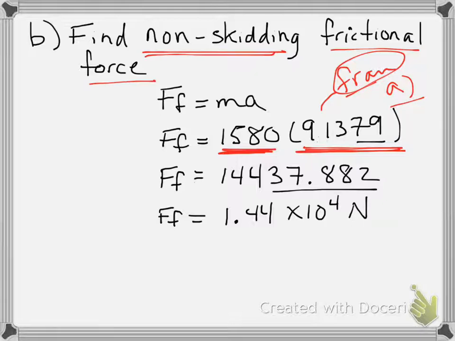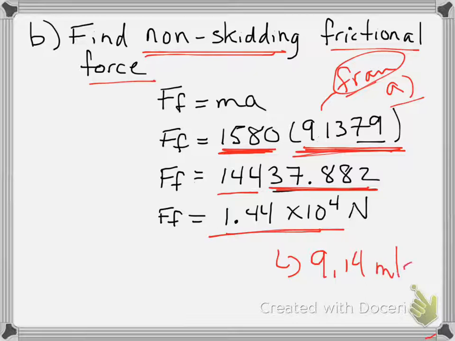So 9.13, again, I'm carrying the unrounded number because it is an intermediate calculation. And then I calculate the frictional force. Right, this is our extra digits. Rounded to the correct number of significant digits, we get 1.44 times 10 to the 4 newtons. That just means that that's how much force was pressed on the brakes to cause an acceleration of 9.14 meters per second squared.